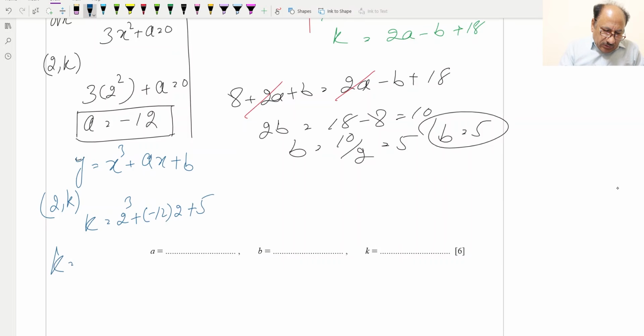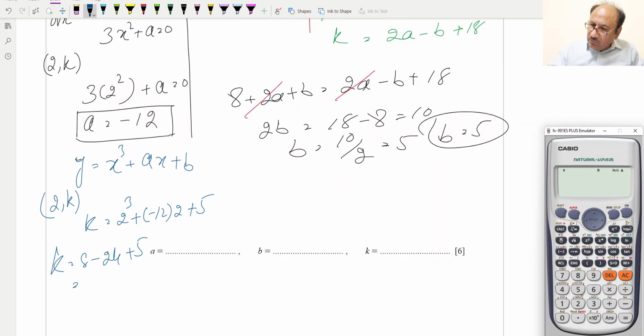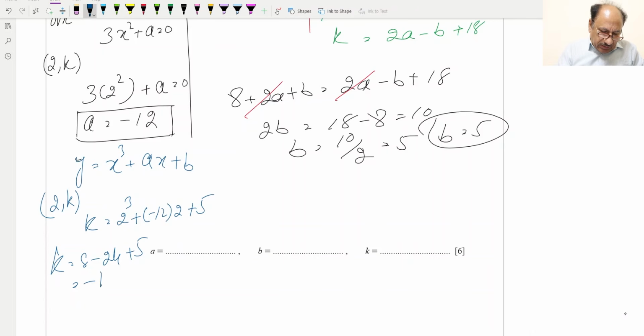Now k is equal to 8 minus 24 plus 5, and this is equal to minus 11. So the k value is equal to minus 11.